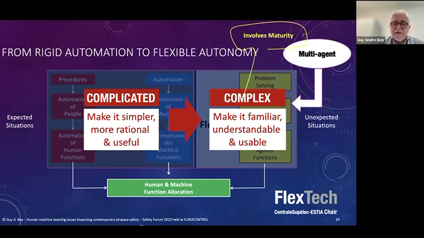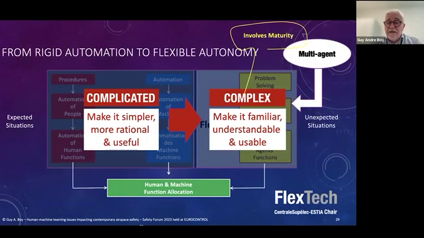And then you have to get familiar. Becoming a medical doctor takes 8 years, and then you specialize and you do 12 years of studies. So in fact, you become familiar with a complex system. And then you have to work on the understandability of that and the usability of it.